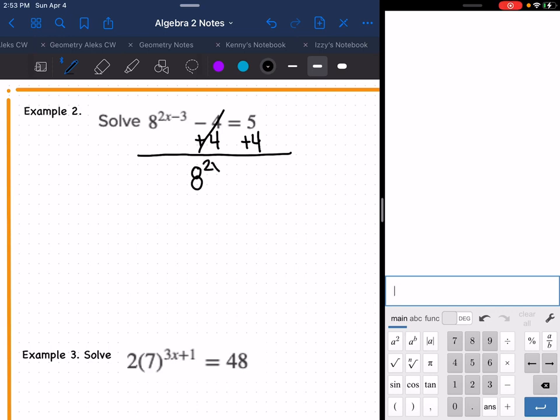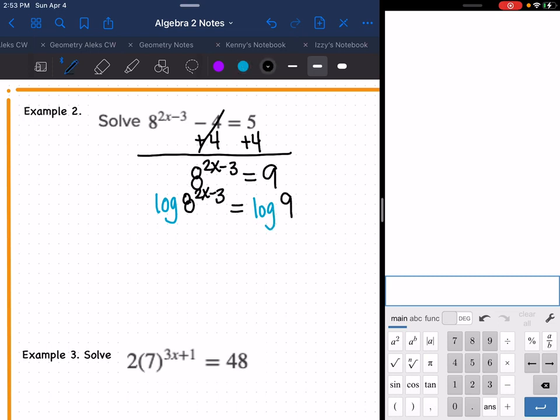Now that I have my power by itself, I can take the log or the natural log of both sides. Last time we did the natural log, so this time I'm going to do the log. So I'm going to take the log of 8 to the 2x minus 3 power, and set it equal to the log of 9.